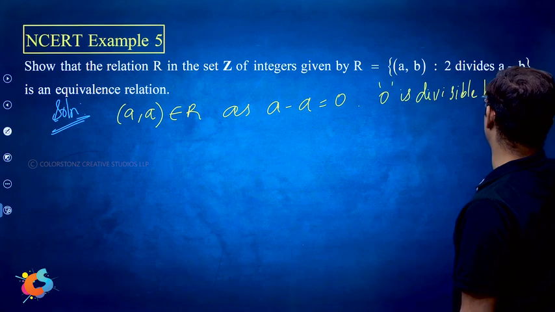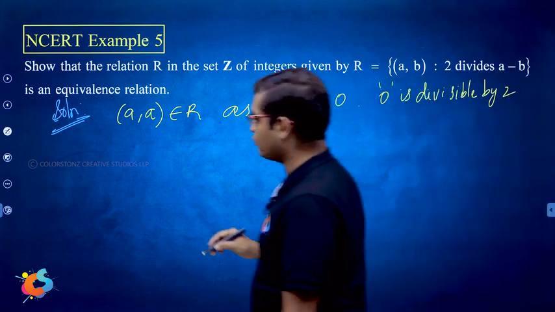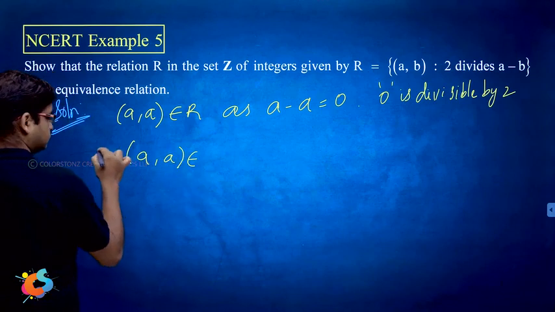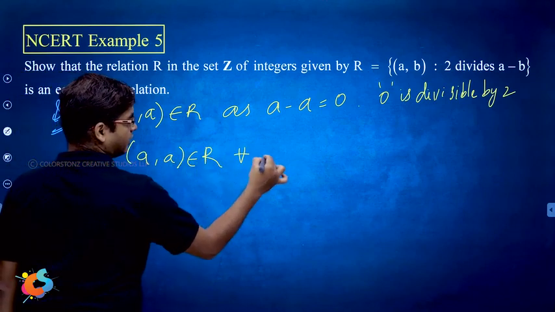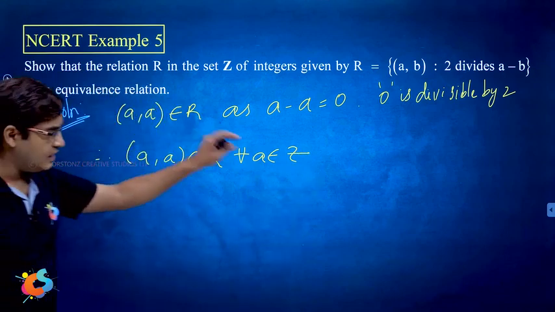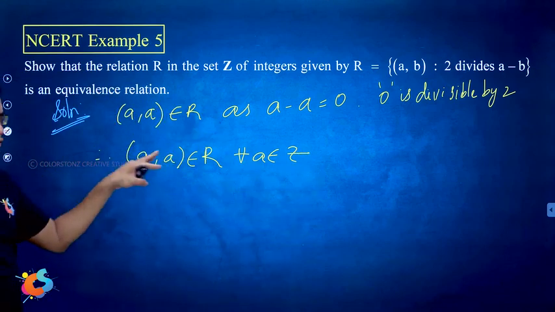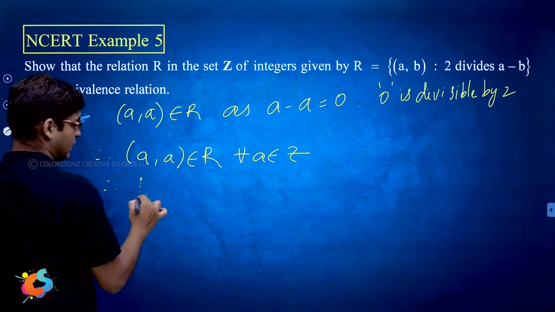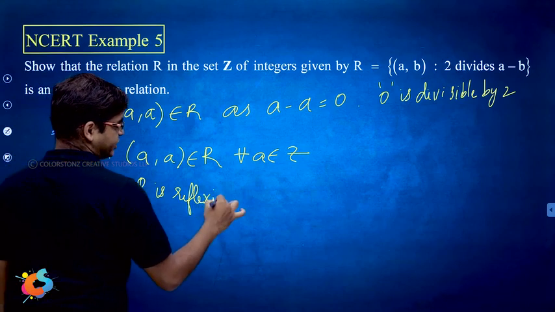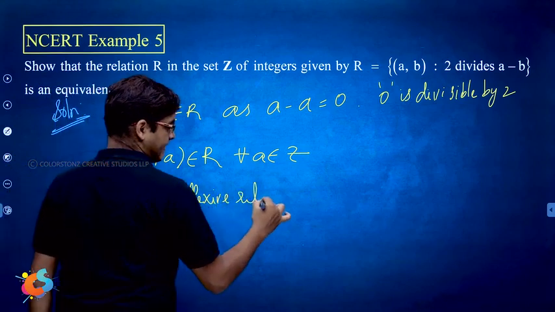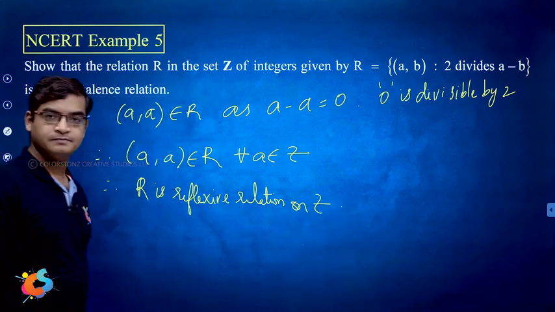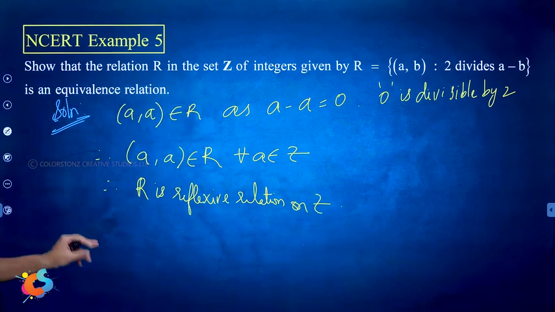So therefore, a comma a belongs to R for all a belonging to the set of integers. For every element in the set of integers, it is mapped to the same element. Therefore, R is a reflexive relation on Z. Clear? So reflexive is completed.